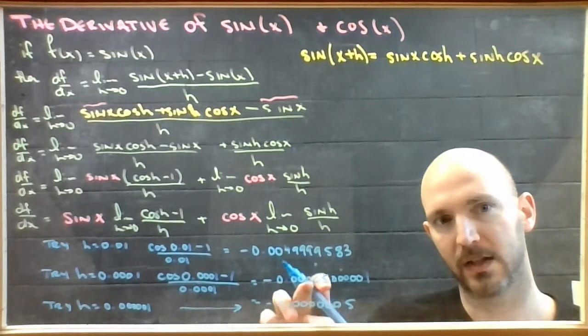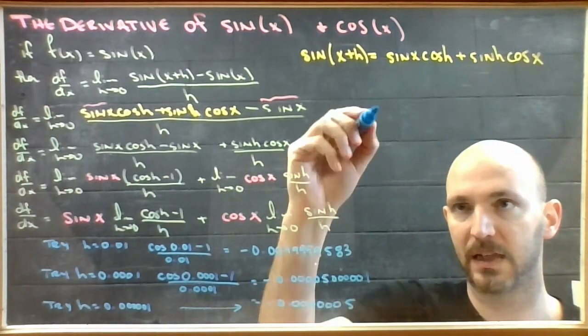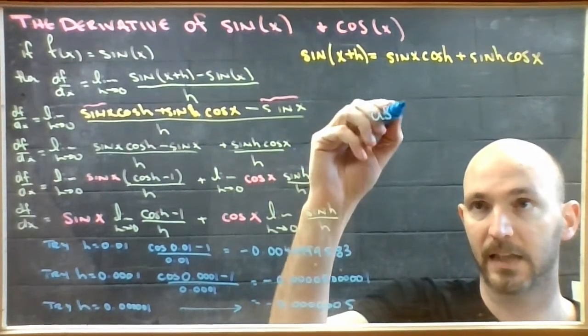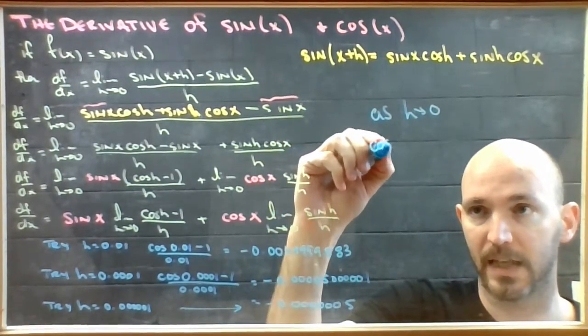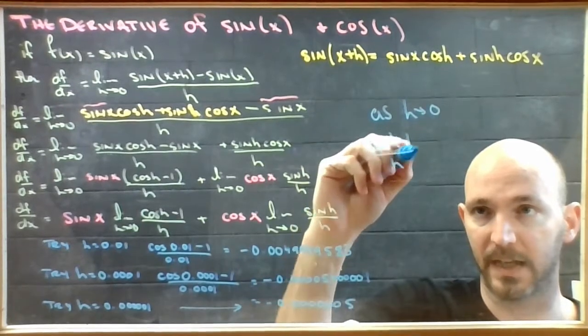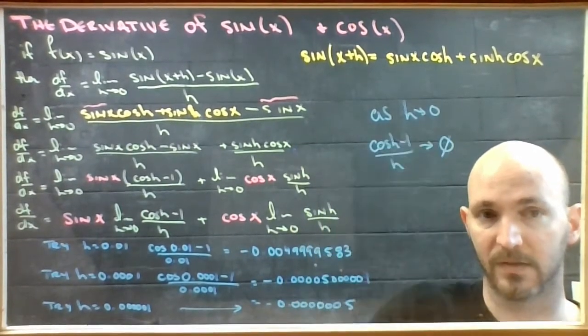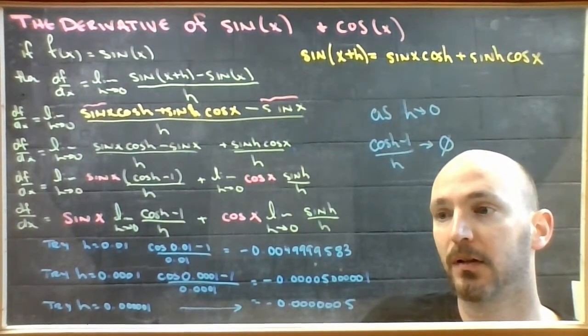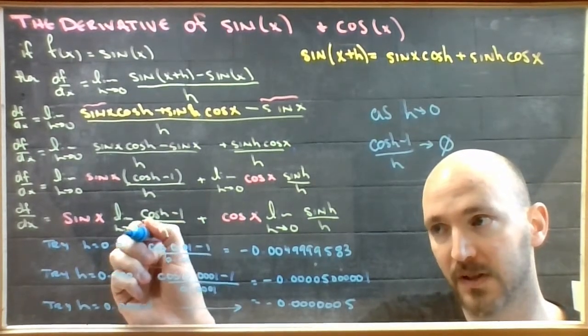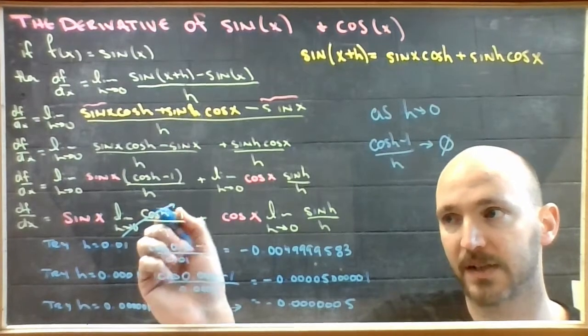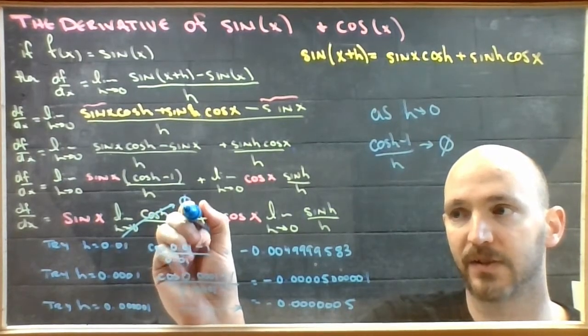So as I look at these numbers, it looks to me that as h goes to 0, cosine h minus 1 divided by h is also going to 0. So I'm going to put a great big strike through this and let myself know that it vanishes.